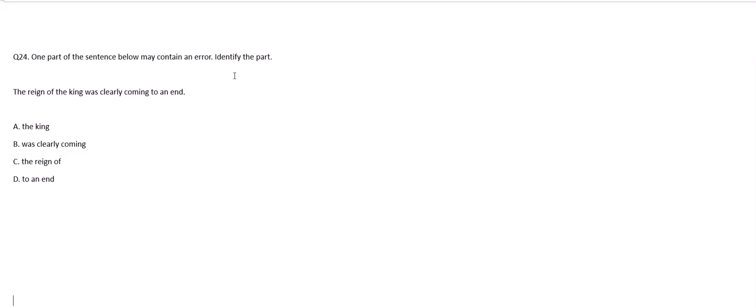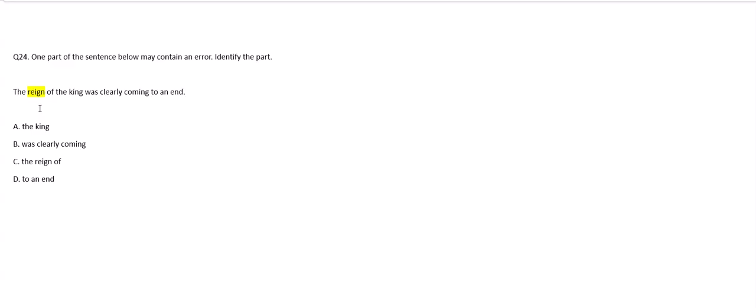One part of the sentence is having an error. Identify the part. To know the error in this sentence, first you have to understand what is reign and what is rule. Reign is nothing but the period of time the king ruled.